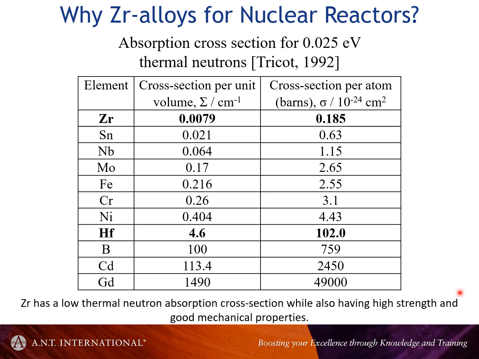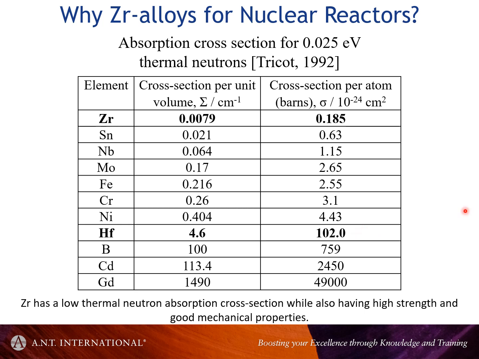Now, I've highlighted here also hafnium. Hafnium is an impurity in zirconium, in zirconium ores, roughly about 2%, but it has an extremely high cross-section.